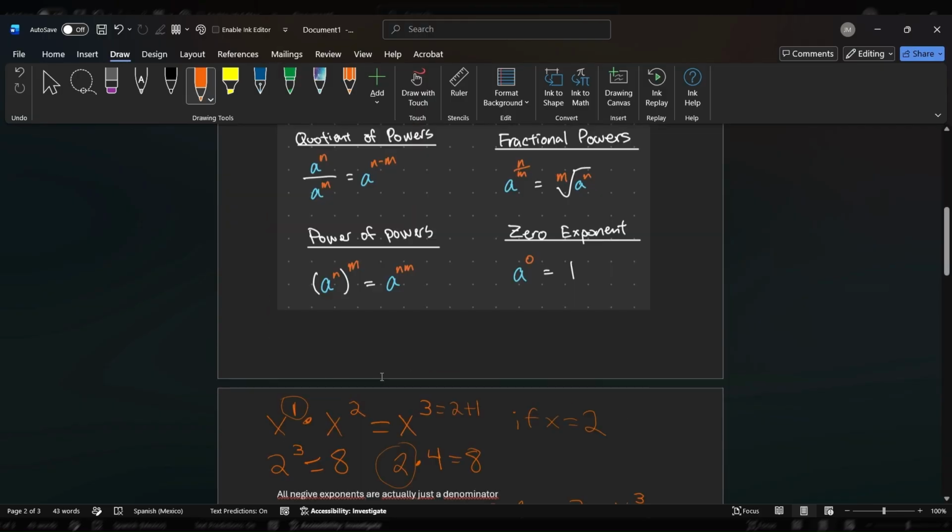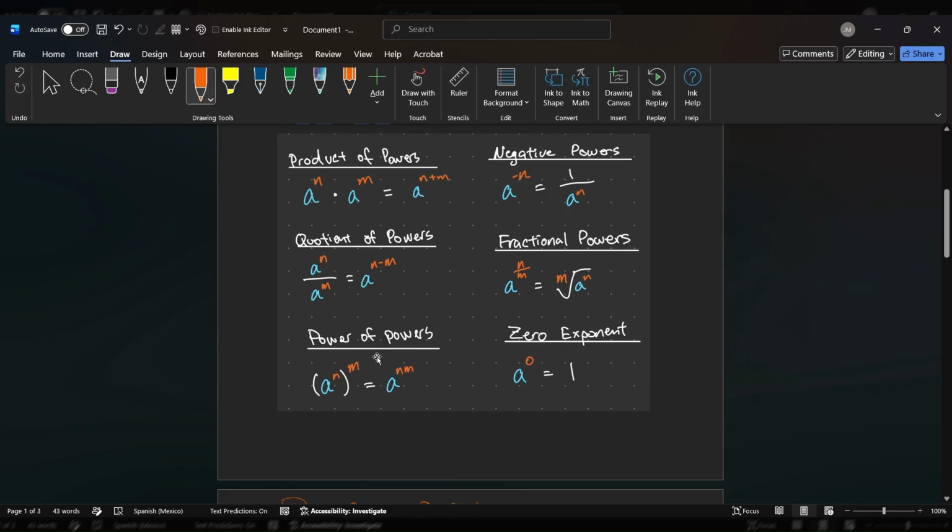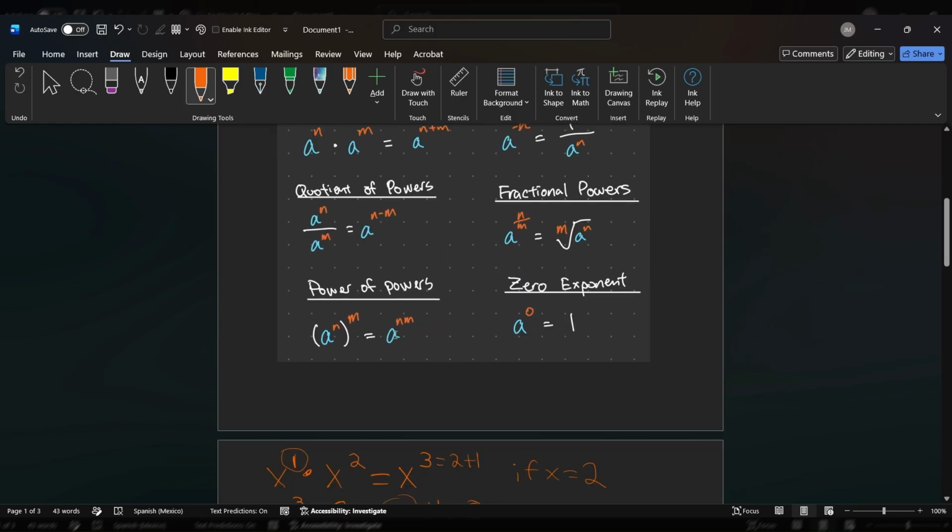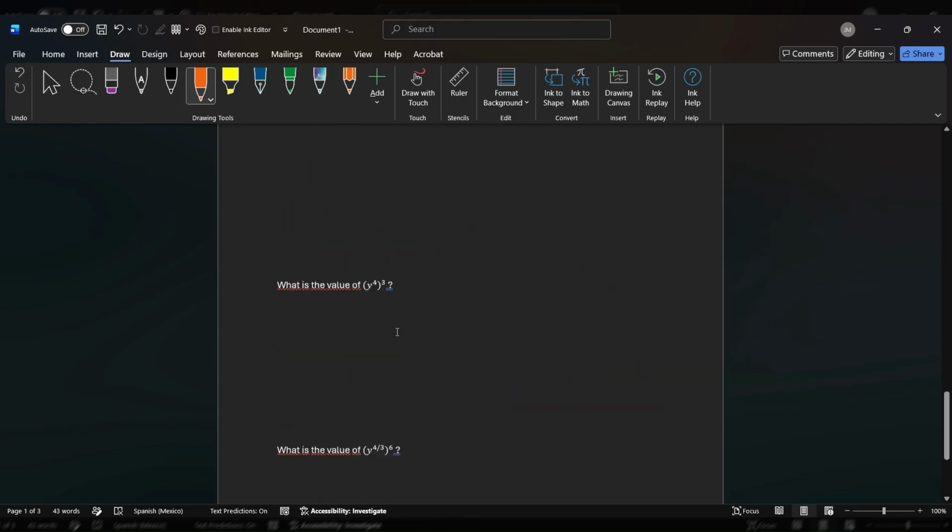Well, let's see another one. The power of a power. Whenever we have something that has a power, and then we're raising that to a power, then we have it like this. Okay, so let's look at an example. It's going to be the one right here.